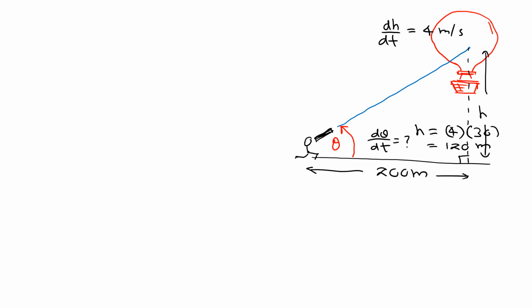One thing we can do is use one of the trigonometric identities. We know the opposite and the adjacent, and they are related by TOA, that means the tangent.